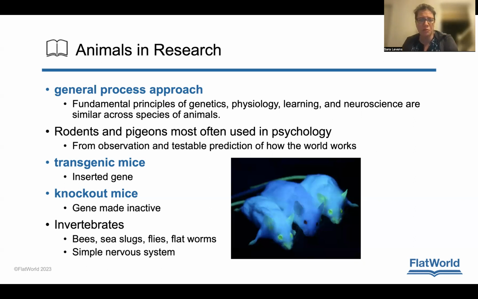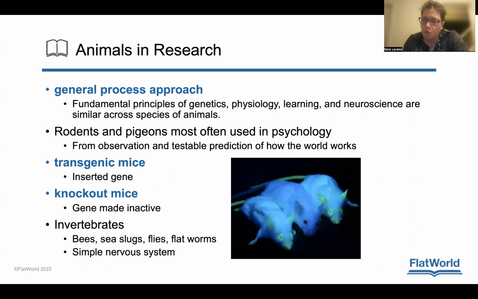In terms of psychological research, rodents and pigeons are used the most, and this is oftentimes to test learning capacity and reactions in particular situations. Rodents, for example, are highly trainable. They have memory and hippocampi similar in shape and structure to humans.